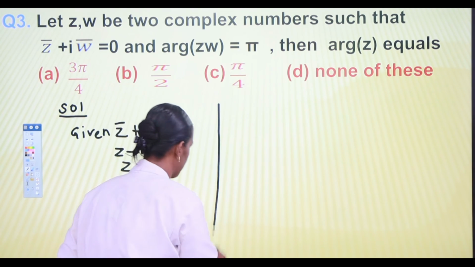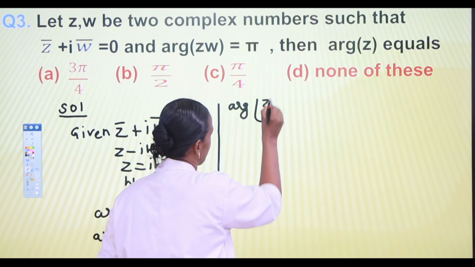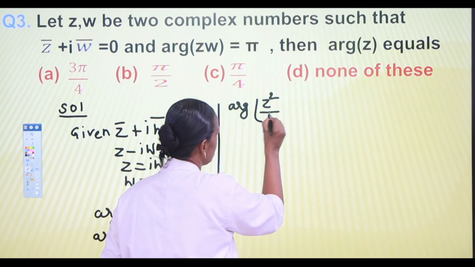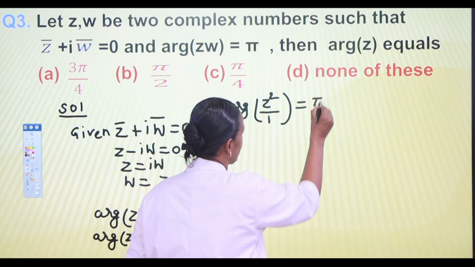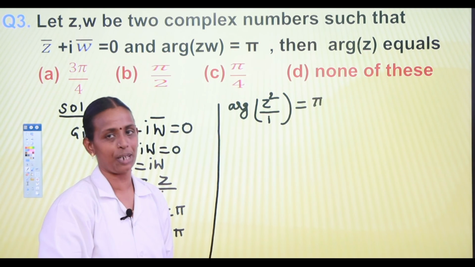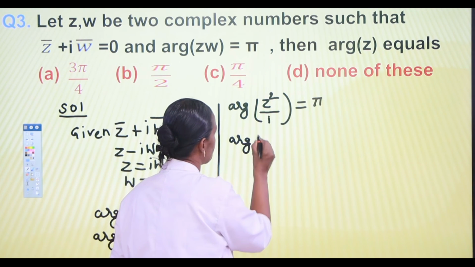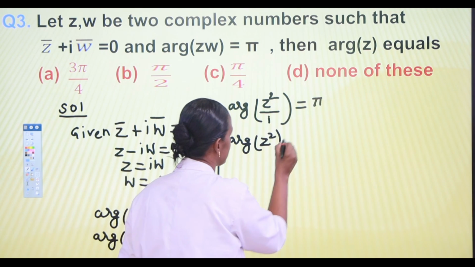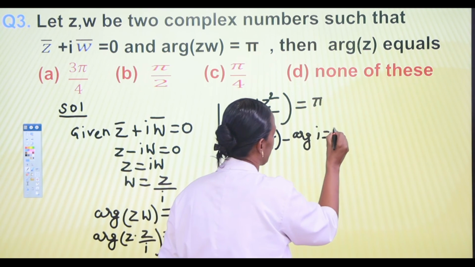So, argument of z square by i equal to pi. So, argument of z1 divided by z2 can be written as argument of z1 minus argument of z2. So, which is nothing but argument of z square minus argument of i equal to pi.